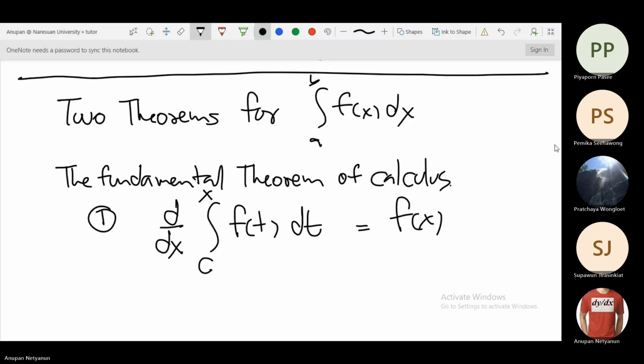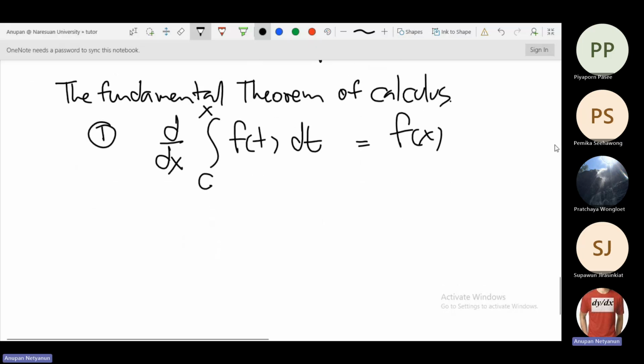In this case you don't have to do the integral first and then take the derivative. When you have the integral from a constant c to x of a function f that depends on t, dt, and you take the derivative with respect to x, you get this function, with the variable x here.